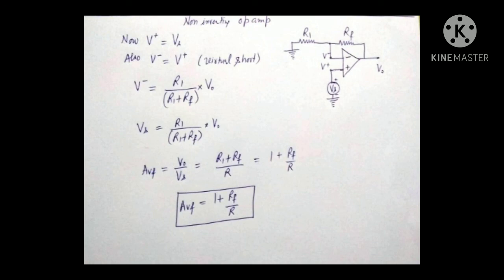So closed loop gain in this case is 1 plus RF by R1. So closed loop gain is dependent only on these two resistances in both the cases, that is inverting as well as non-inverting op amp. The closed loop gain is dependent only on R1 and RF.